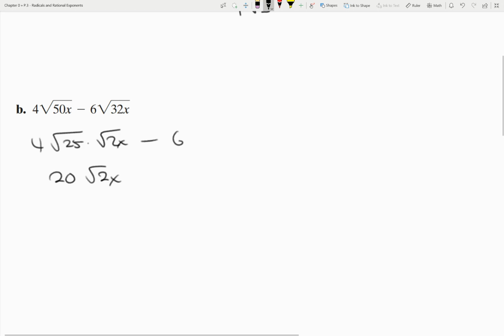Second part, minus 6 times 32 is 16 times the square root of 2x. The square root of 16 is 4, and 4 times 6 is 24. So it's minus 24 square root of 2x. The 2x's are alike, so we turn this into negative 4 square root of 2x.